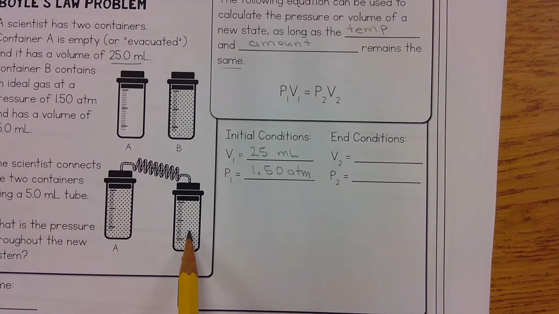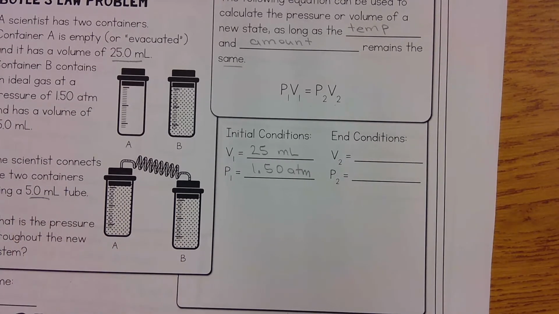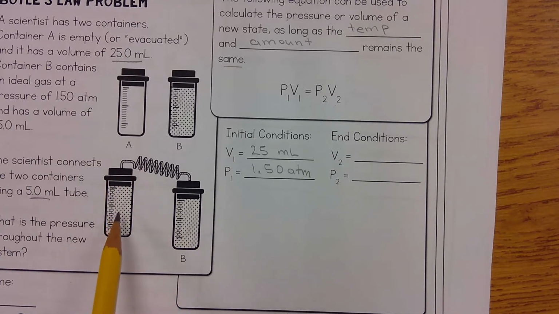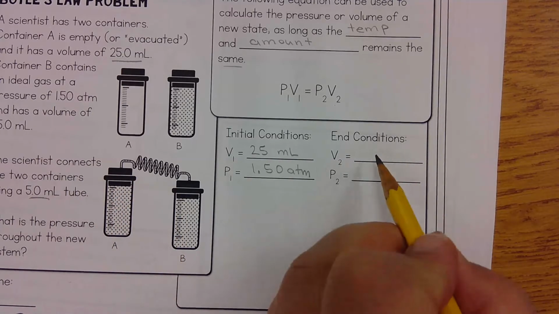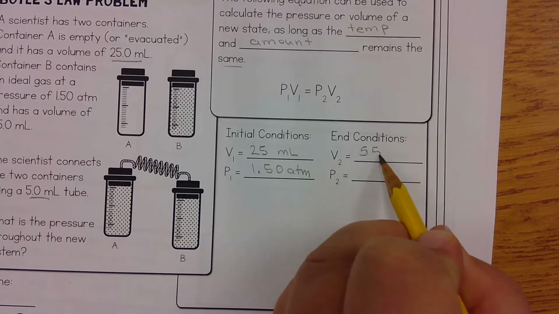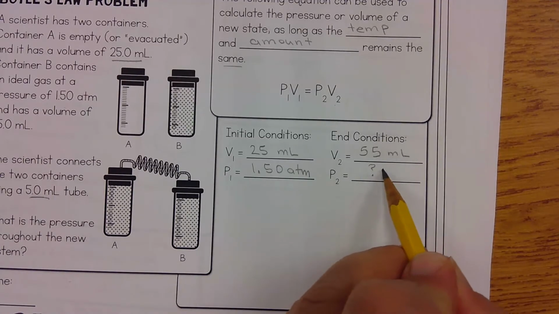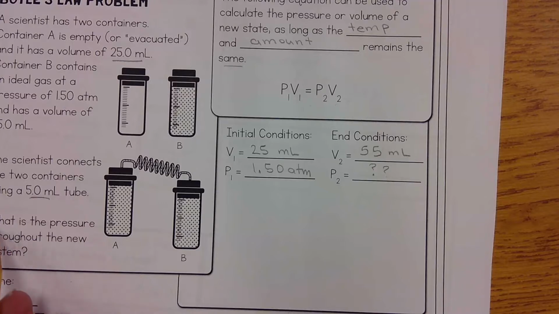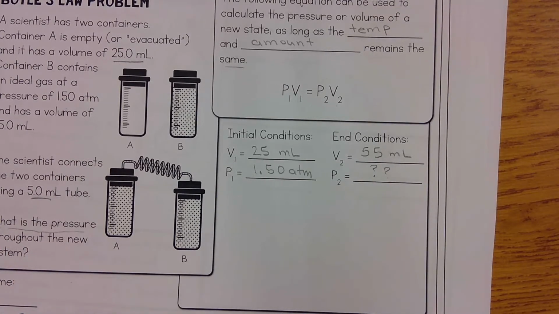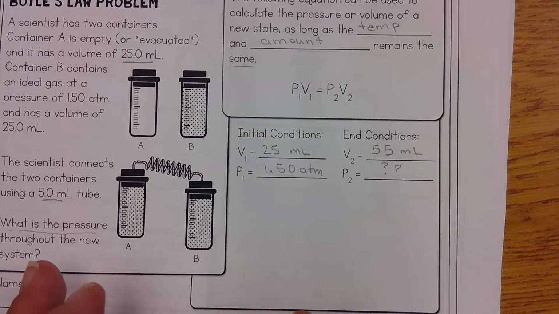So this is 25, and this is 25. That's 50. But remember, the tube was also 5 milliliters. So 25 plus 5 is 30, plus 25 is 55. So the whole volume at the end is 55 milliliters. And the pressure, I don't know. That's what we're trying to find.